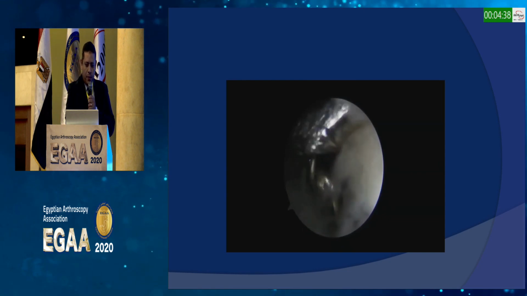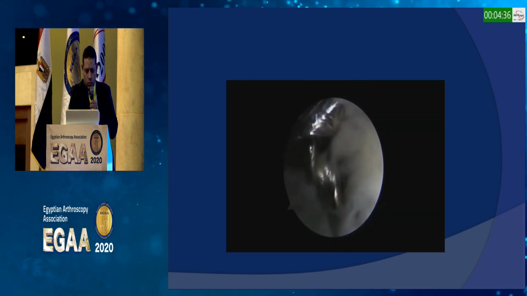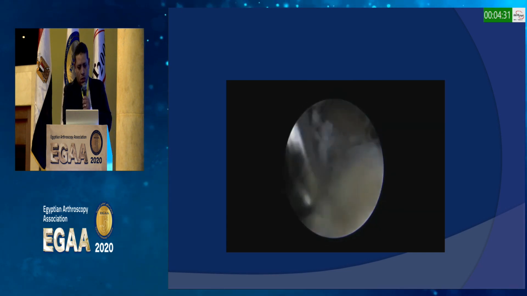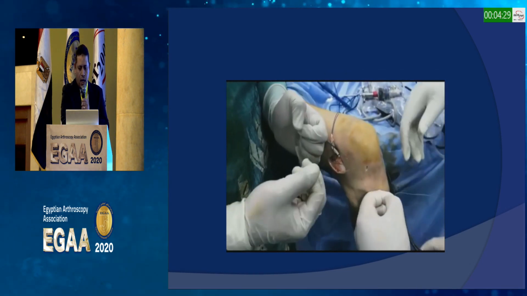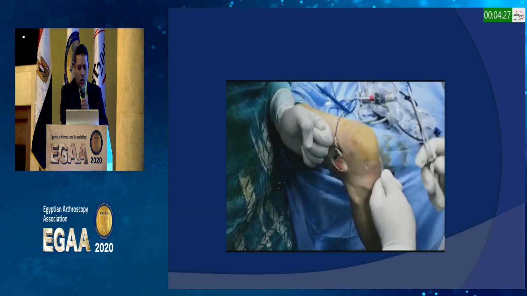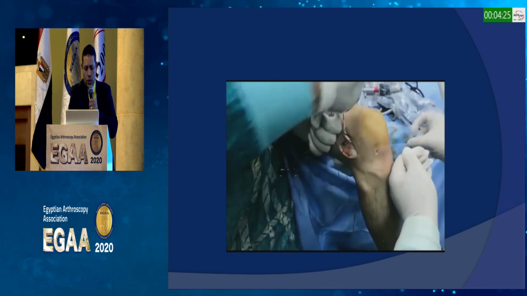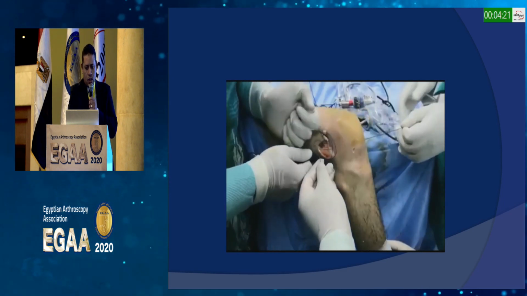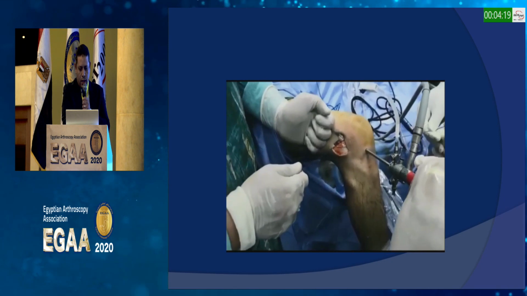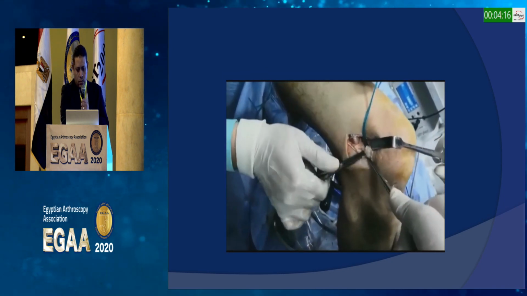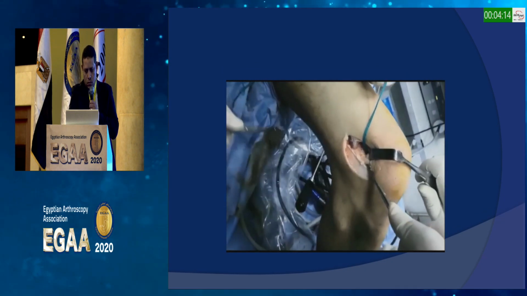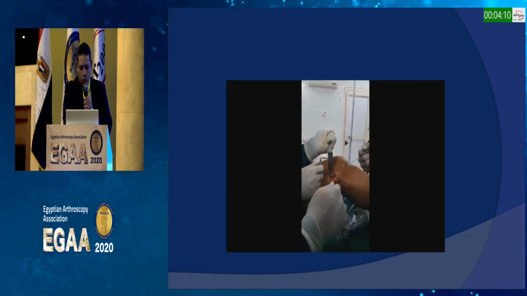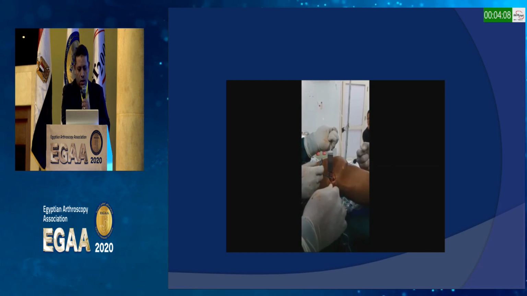Then we make the tibial tunnel. Then we pass the ACL graft, and then we reverse the loop in the anteromedial portal to shuttle the IT band into the same femoral tunnel from outside in. This is another patient showing the 2 grafts in the tunnel.